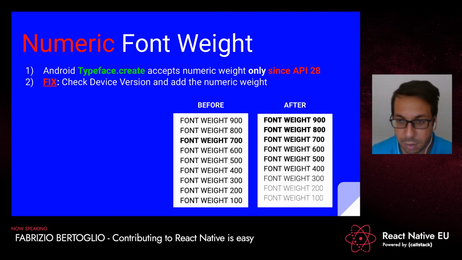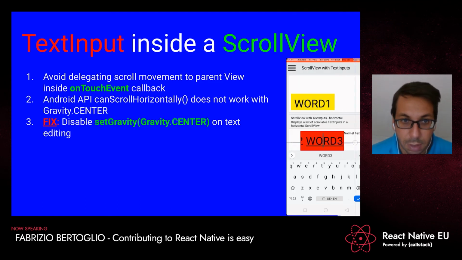So this is another easy fix. We check for the version, that is the API. If it's higher or equal than API 28, then we use this Typeface.create, and we pass the numeric weight so that it can display like in the right side of the screen, with different levels of weight.